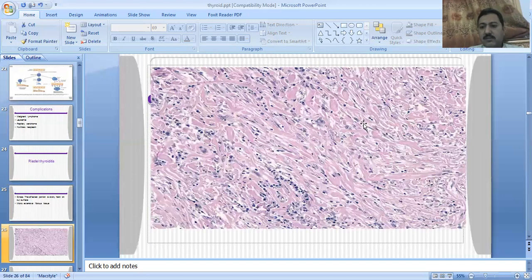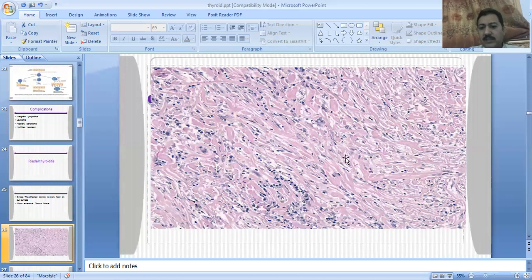This one is the microscopic view of the thyroid gland. Here you can see these reddish lines which are perpendicularly present. These are basically the fibrous tissue which has almost replaced the thyroid gland. In the background, you can see scattered inflammatory cells in the form of plasma cells and lymphocytes.